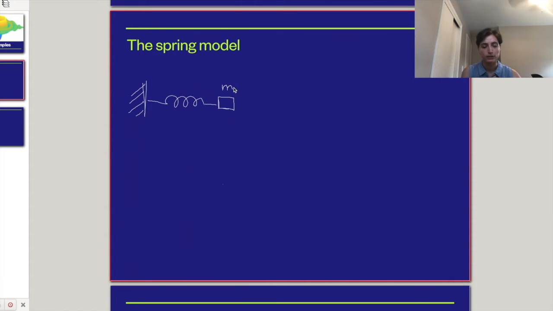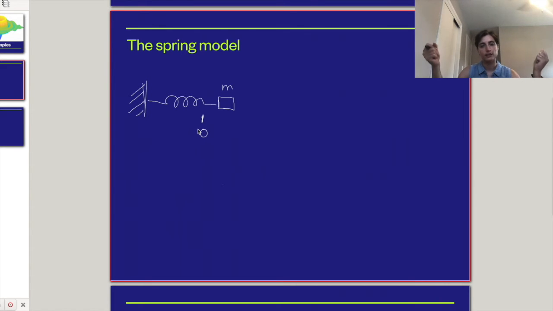If the spring is at rest, then we call the position of our mass 0. But if the spring is overstretched or understretched, then our mass will not be at position 0. So our position 0 is a bit further away.